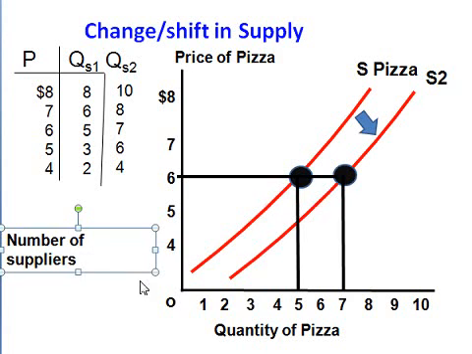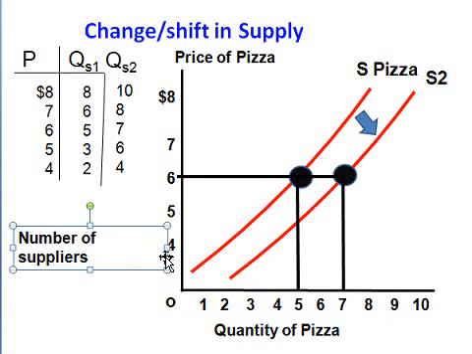Okay, suppose the number of pizza suppliers goes up in the economy, right? Suppose we are here, the number of pizza suppliers goes up in the economy, but the price of pizza remains unchanged. In that case, the entire supply curve shifts right.